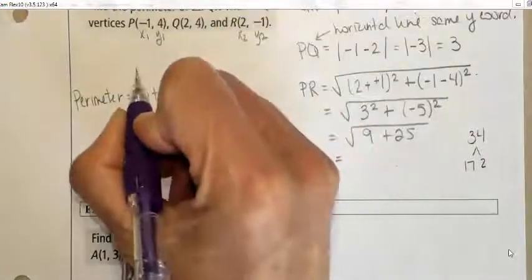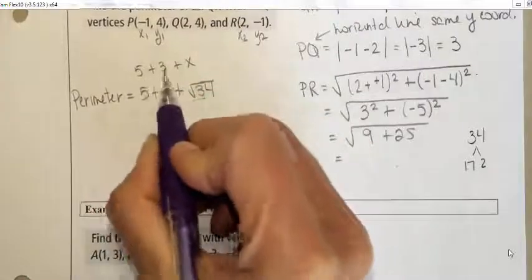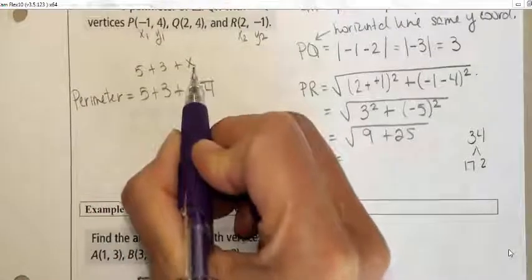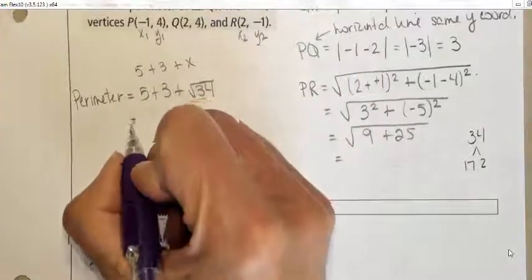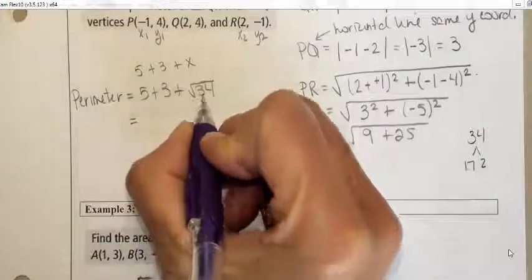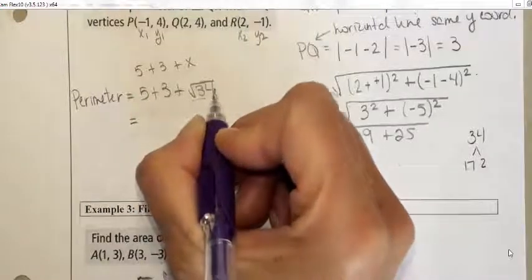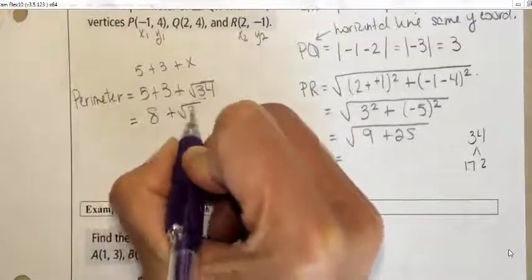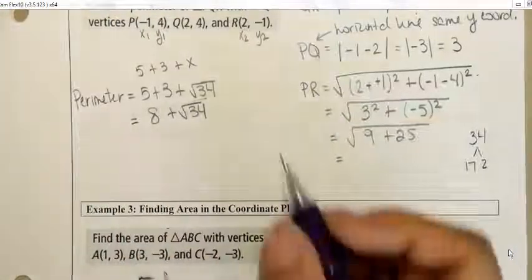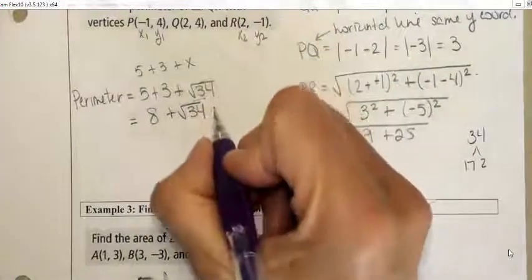For example, if I had 5 plus 3 plus x, I would add these two together and just add x at the end and it wouldn't combine with these at all. That's very similar to radicals. Unless you have the exact same radical, they can't be added. So this is going to be 8 plus the square root of 34. I don't know what these are measured in, so this is just going to be units.